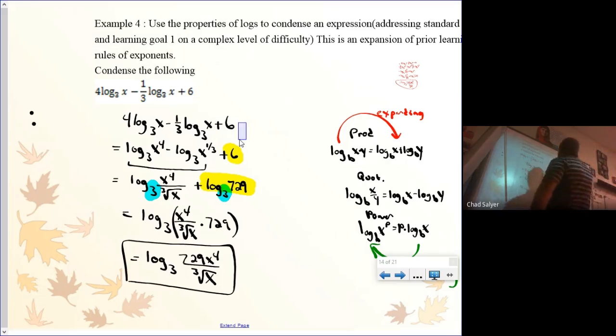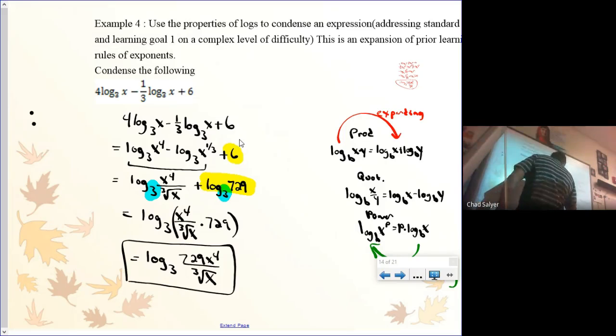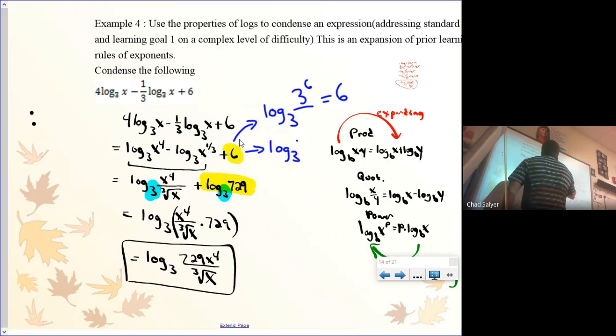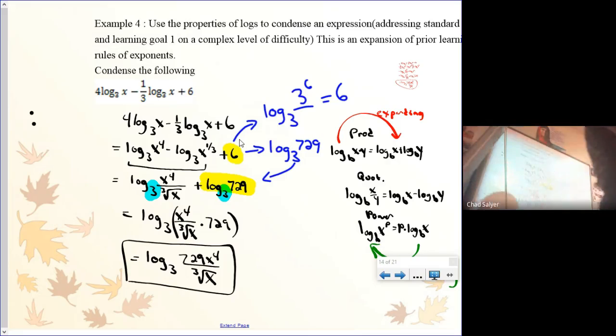So that posed the question, log base 3 of what is going to equal 6? Well, that's going to be 3 to the 6th power. So this is going to equal log base 3 of 729. Okay. So I just had to rewrite it as a logarithmic term with the same base as the other terms I was dealing with. Good question.